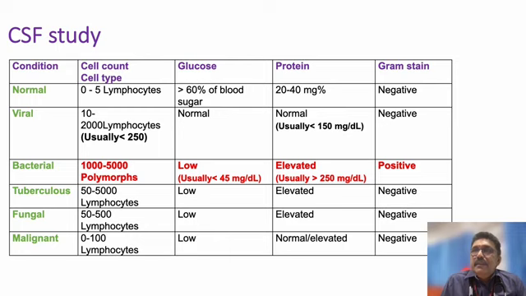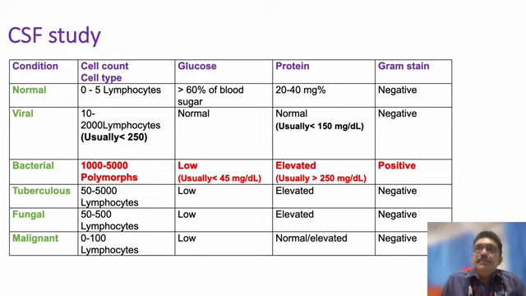In some conditions you can have a completely reverse picture of the cells from what is given here, so we have to be very careful. Whatever it is, when we are treating patients clinically, most of the time the CSF picture will be like this.